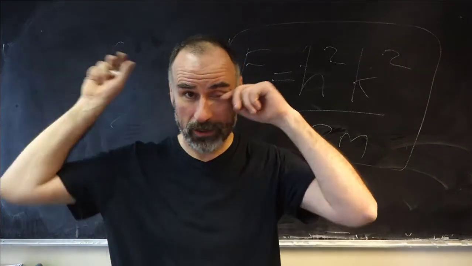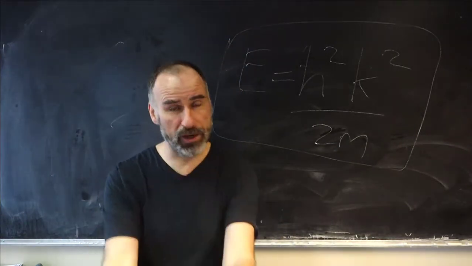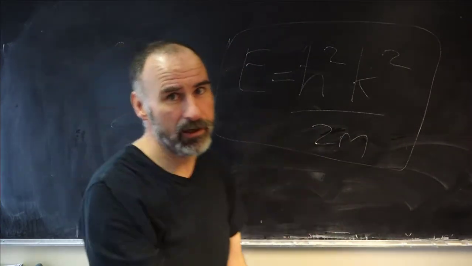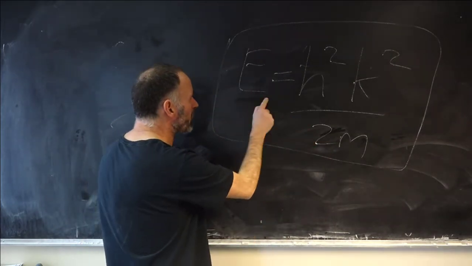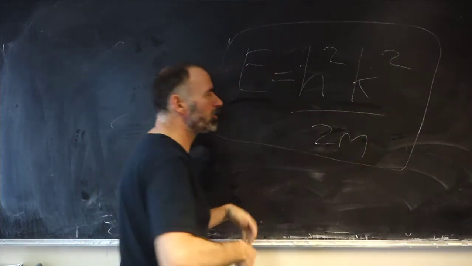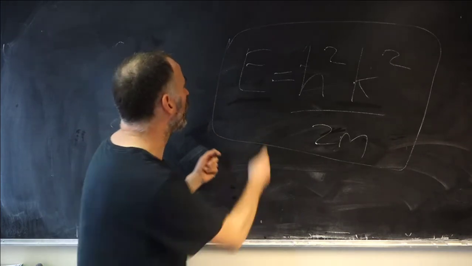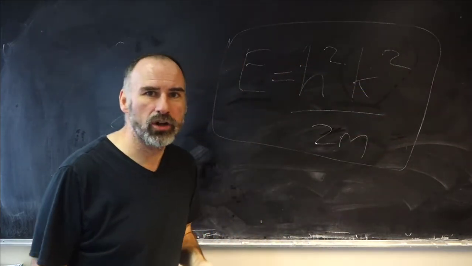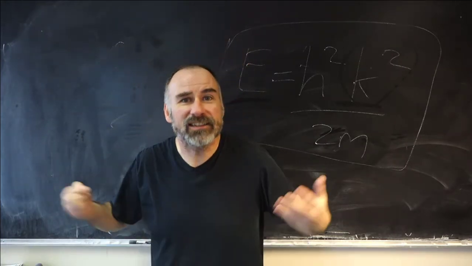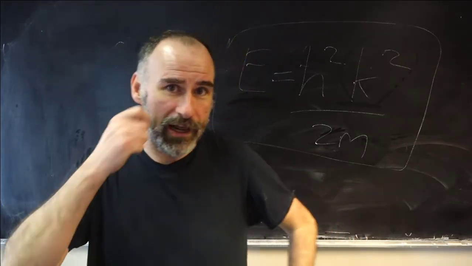Make sure you can take p is equal to h over lambda and p is equal to mv and get that. And once we have that relationship between the energy and the wave number, the spatial frequency of our electrons, which is parabolic, E goes as k squared, that's the characteristic signature of free electrons.